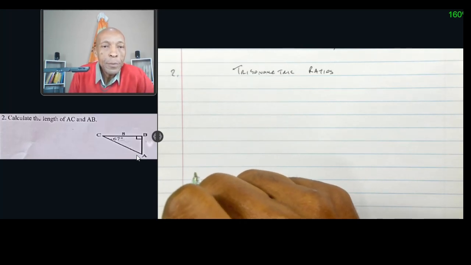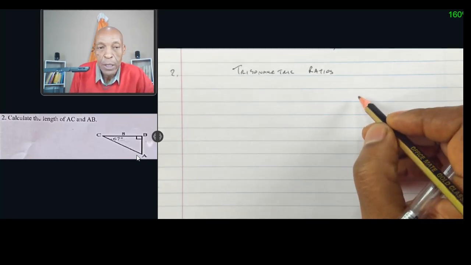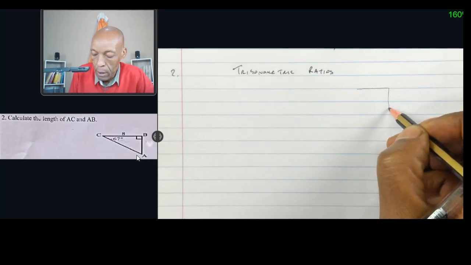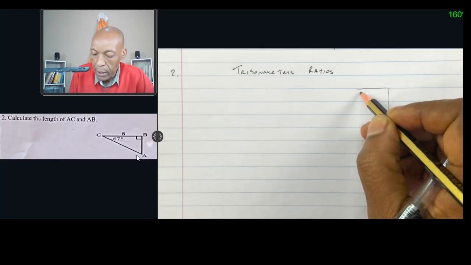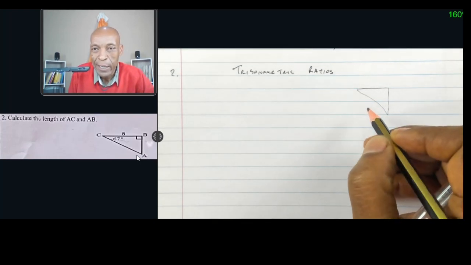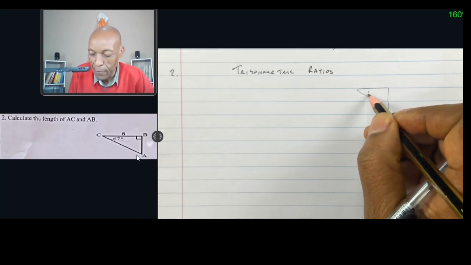Now, what must I know? I must know that if I have a triangle and information in that triangle, I must do what? Okay, you see, I didn't draw it nicely as in the picture. The side is supposed to be long, but we'll just ignore that for now.